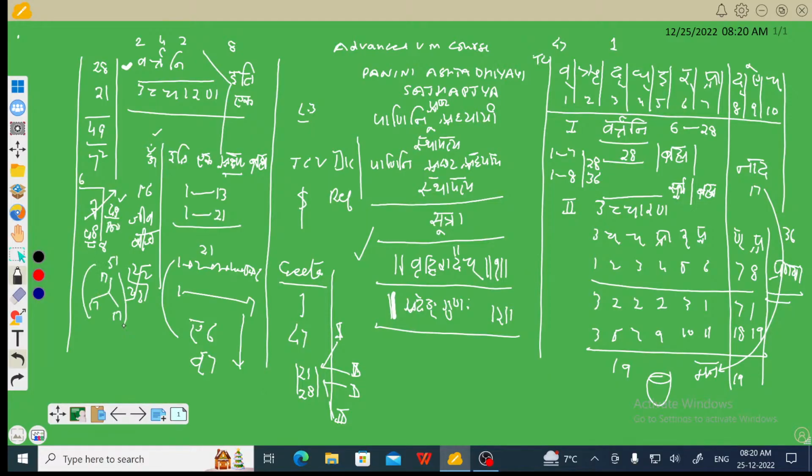These features, when they are available with us, then we can take up Sutra 1.